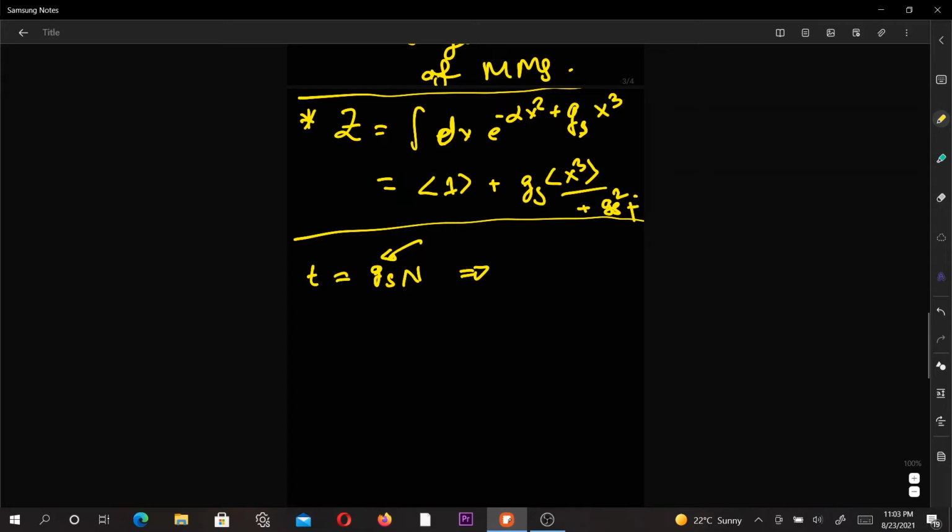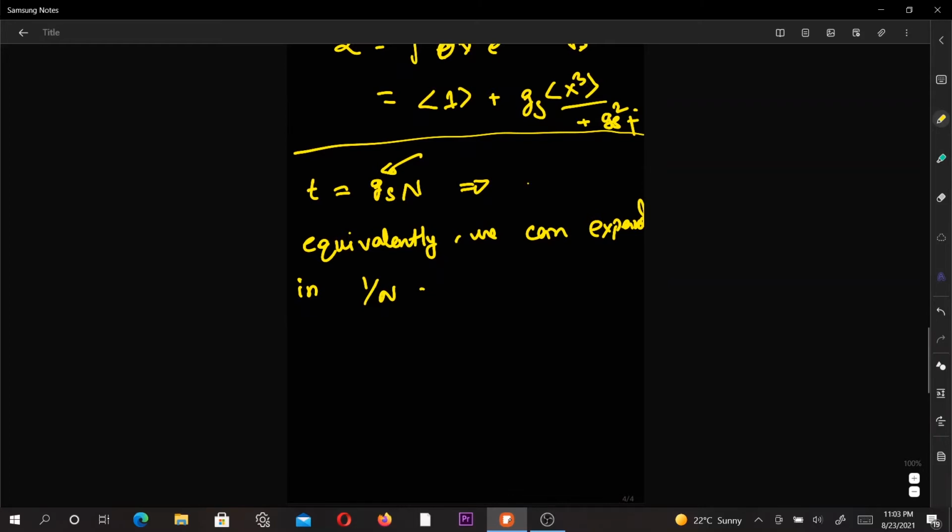We can expand in terms of N, or more precisely, 1 over N, which is a very equivalent scenario. It's just that from the g_s expansion, we are going to the N expansion, or 1 over N expansion.